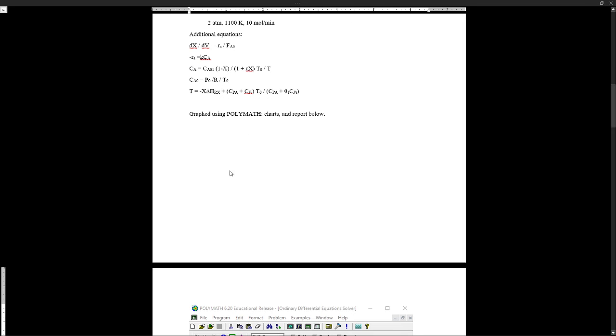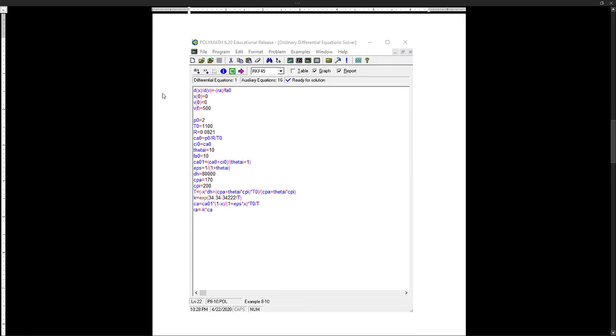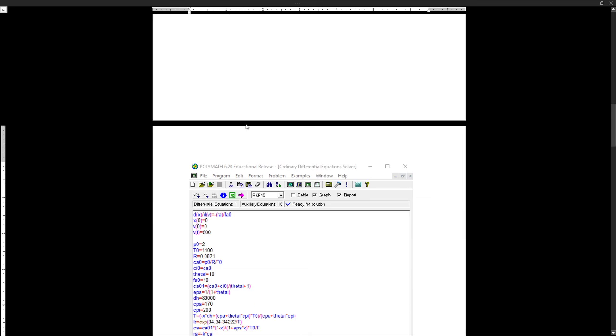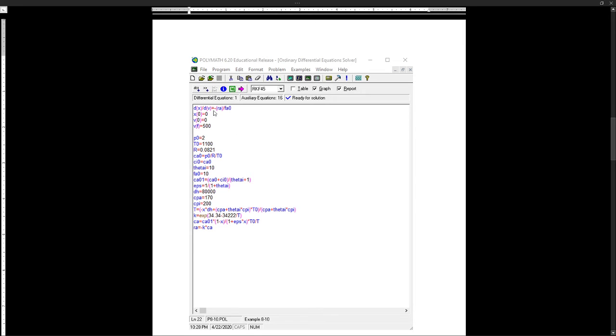Below we've got Polymath. This is what it looks like when you plug it in. It's similar to what I showed up here, just in a little further depth so that it would work in the Polymath program. We have the mole balance here, and then your initial condition of X: you're starting at 0, and you want to see where you get when you go from 0 volume to 500 decimeters cubed.